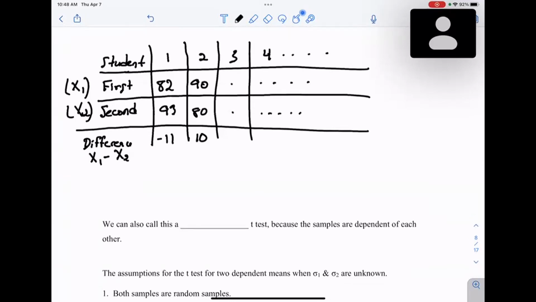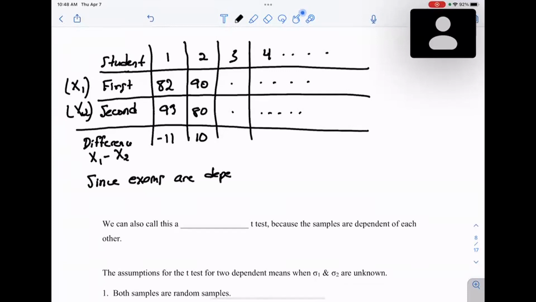And now, since exams are dependent on the student, so the exam score depends on which student is taking it, we will test the mean of the differences.